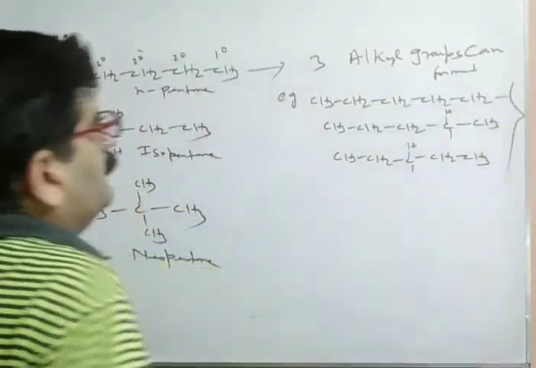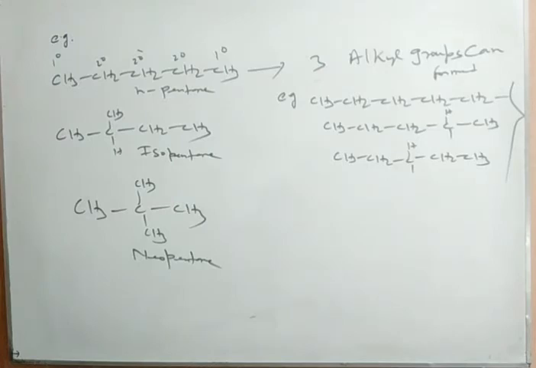So 3 alkyl groups can form if normal pentane is given.